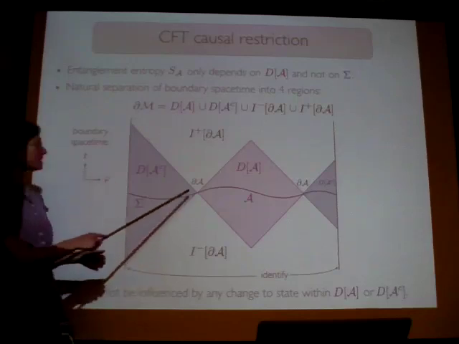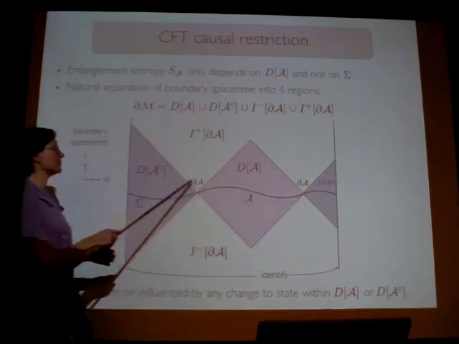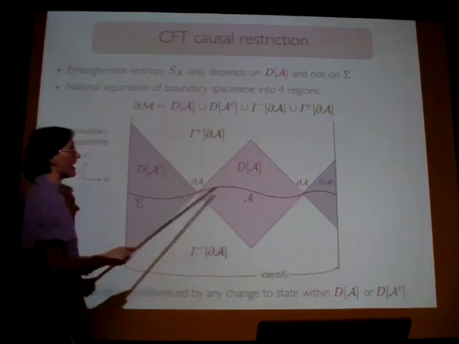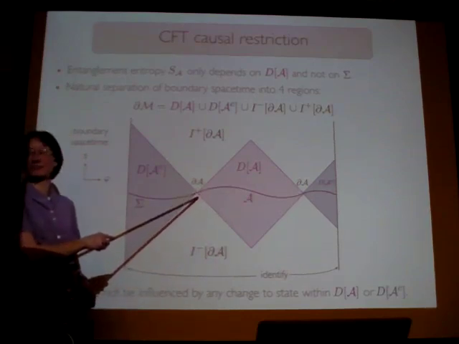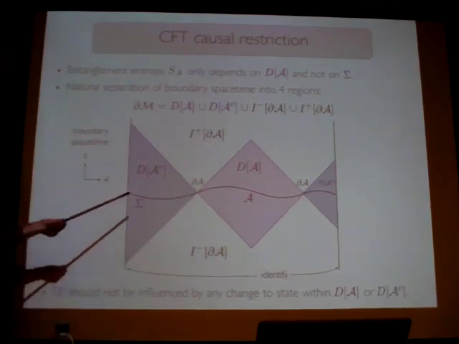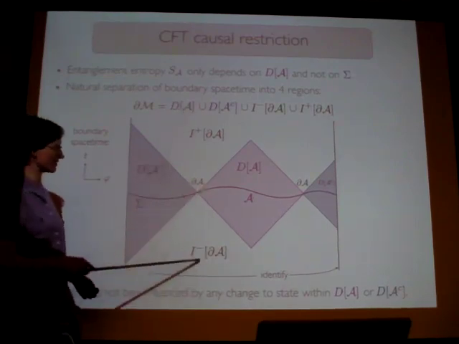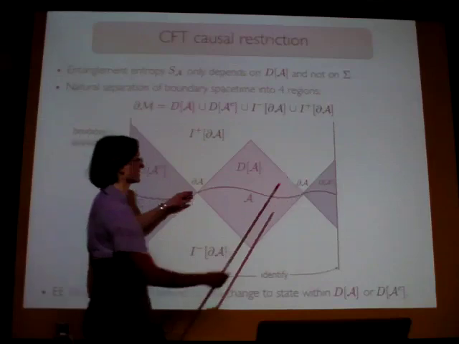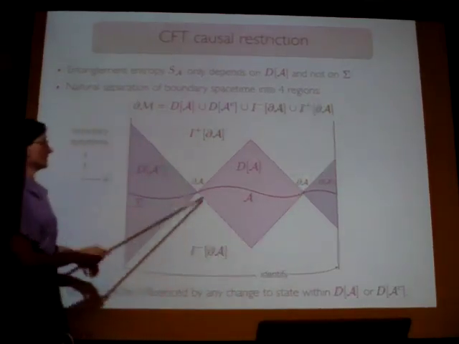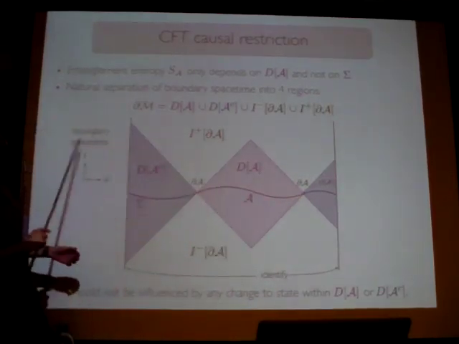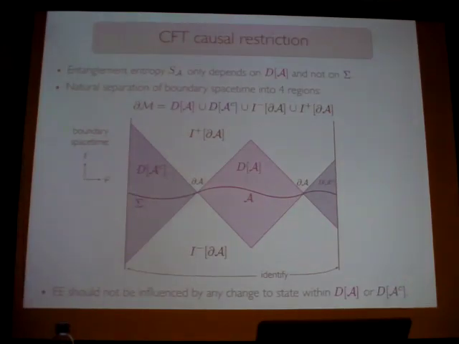So the entanglement entropy for this region can only be deformed by something that happens to the past of the entangling surface. So this naturally decomposes the space-time into 4 regions: the future and past of this entangling surface, which is in this case just these 2 points, the domain of dependence of the region of interest, and the domain of dependence of its complement.